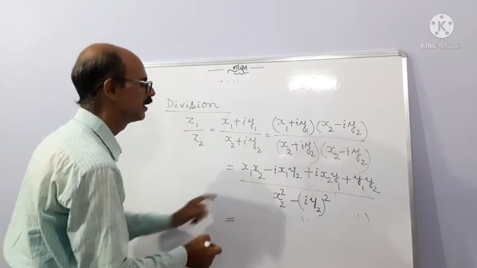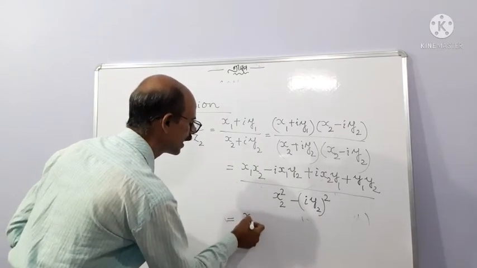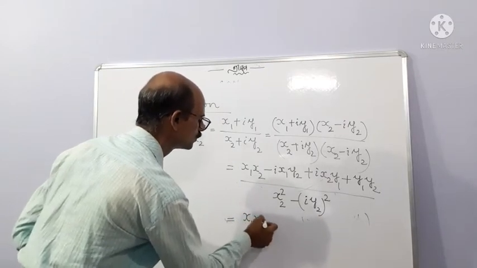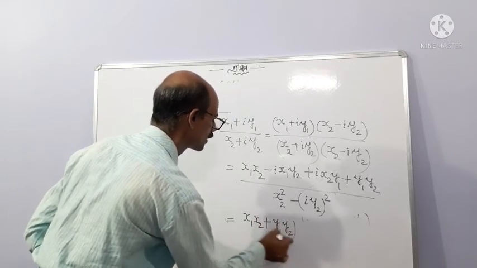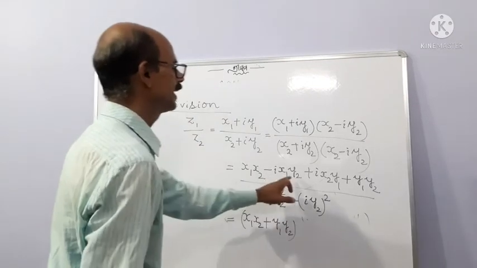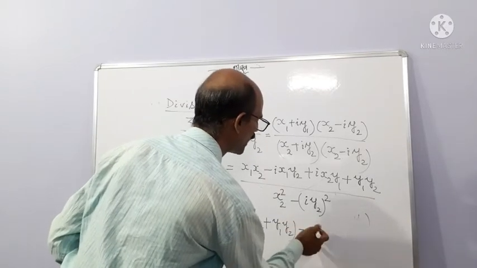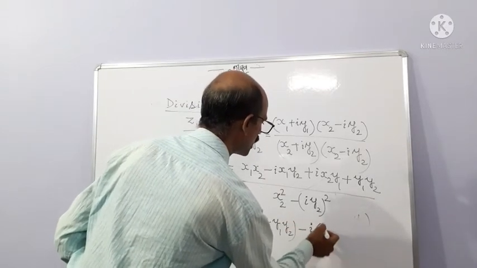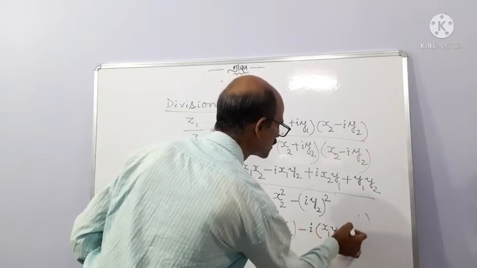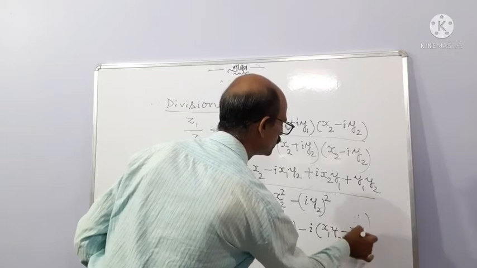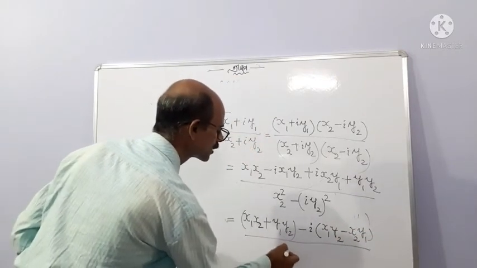What will be obtained? x1 x2 plus y1 y2. Then here take common minus i, x1 y2 minus x2 y1, divided by x2 square.